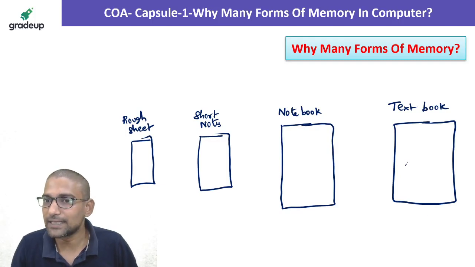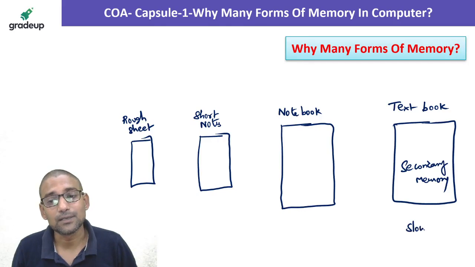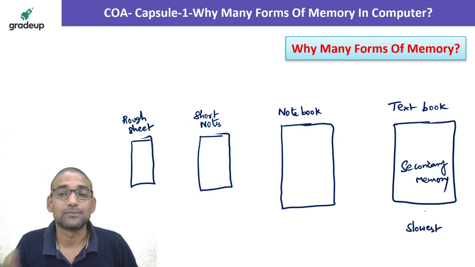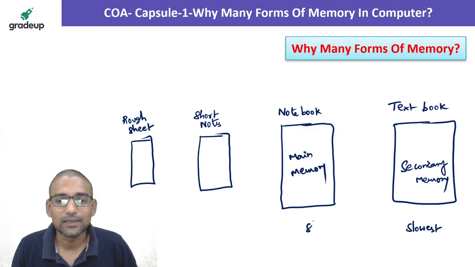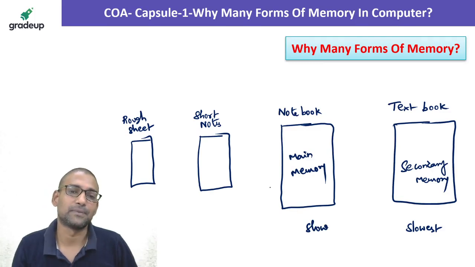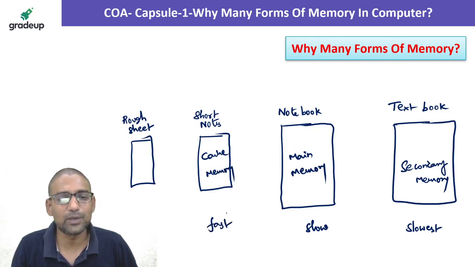So the textbook is like secondary memory, which is huge, but to refer to some content from the textbook takes much time. And the notebook is like main memory for you. Still, it takes some time. Short notes are like cache memory. From the short notes, all very important points, frequently asked points, formulae, it's easy to refer.